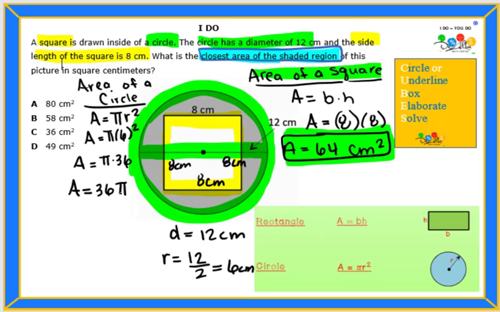If we want to give an estimate, we can round pi to 3.14, which we will do. So the area of this circle is 113.04 centimeters to the power of 2, or squared centimeters.